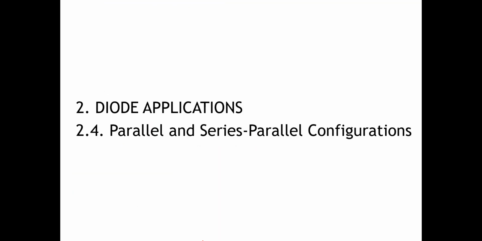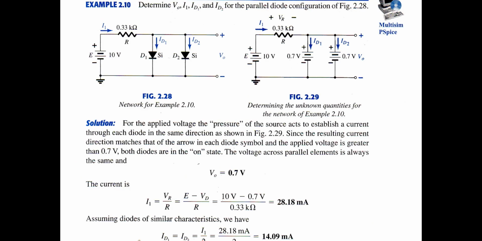Okay, and the second is the parallel and series-parallel configuration. First we discussed the series configuration, and second we make a parallel of silicon diodes like these ones. Determine VO, I1, ID1, and ID2 for the parallel diode configuration like this one.